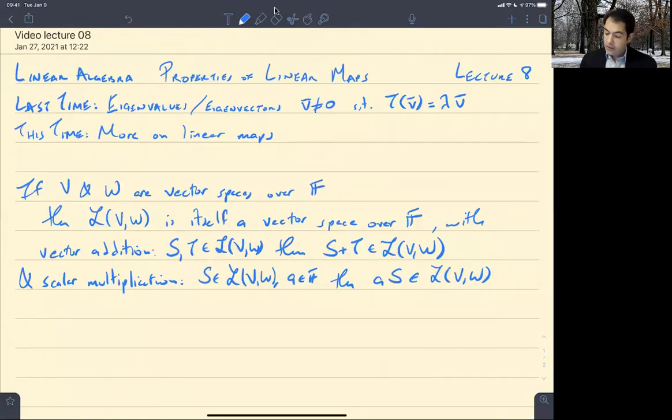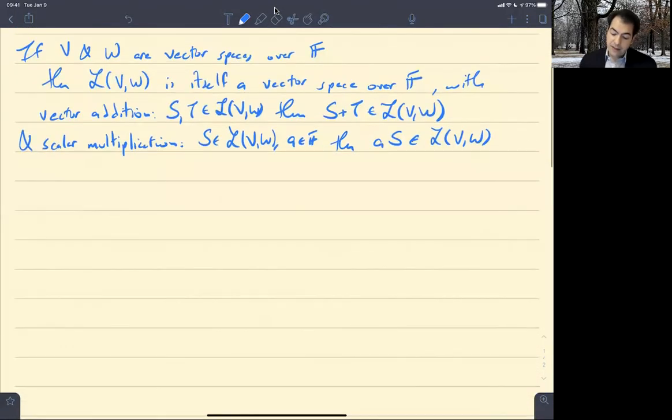The value that this map assigns to a given vector v is just a times S of v. Right? And I'll let you check that with those two operations, the space of linear maps between V and W is a vector space. Right? The distinguished element, 0, is just the map that sends every vector in V to the 0 vector in W.